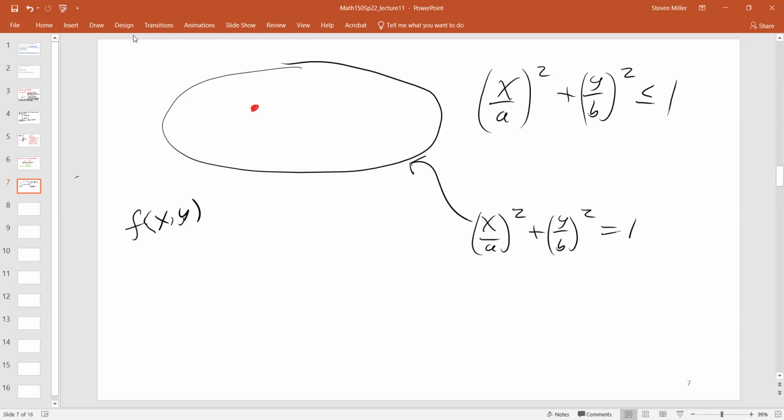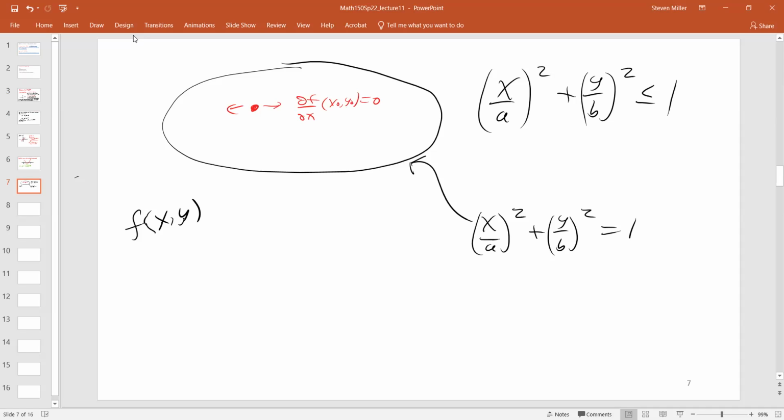It's got to be 0. So we know that the partial derivative with respect to x, df/dx, at this point, let's say x naught, y naught, has to be 0, because I can regard it as a function of one variable.